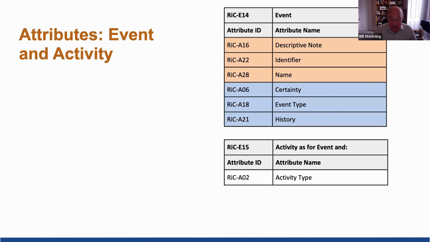The event and rules entities, and therefore their activity and mandate sub-entities, have the history attribute, while event and activity also have specific type attributes. The event entity, along with the date entities, also has a certainty attribute.